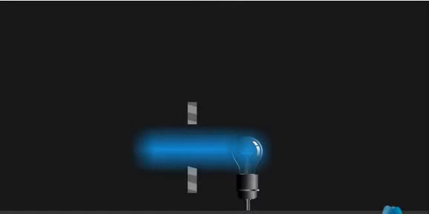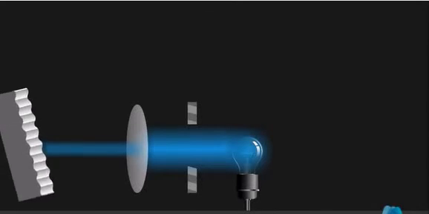Now this radiation goes to the monochromator. The monochromator is a combination of an entrance slit, lens, then grating or prism, then exit slit. The radiation enters the monochromator through the entrance slit, then goes to the lens. This polychromatic radiation passes through the lens, which focuses it onto the grating, or we can use a prism also.